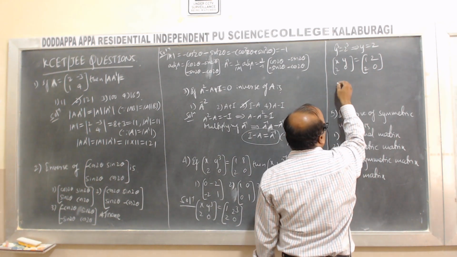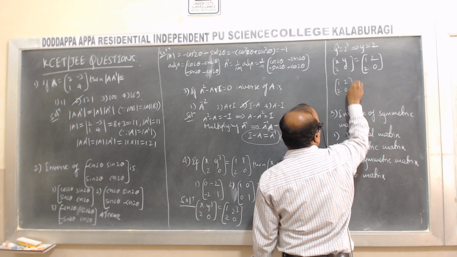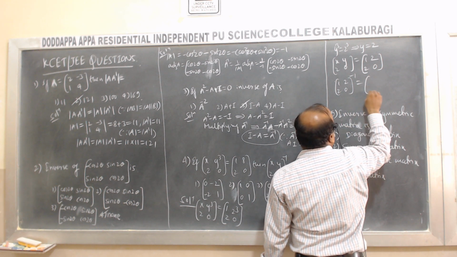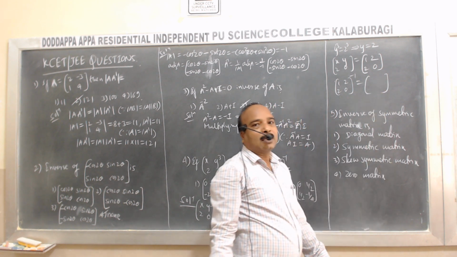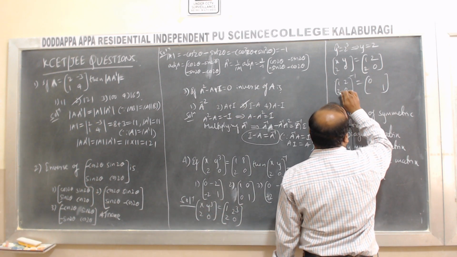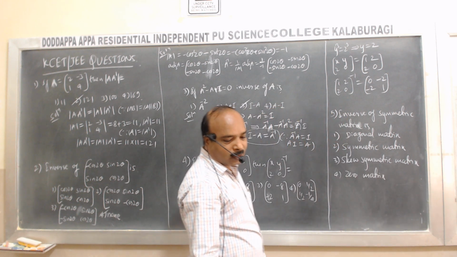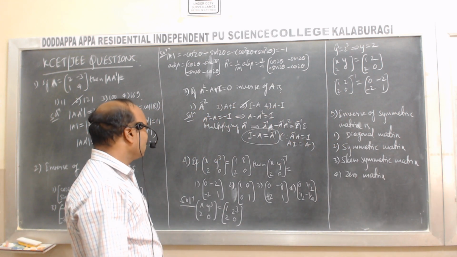Now its inverse, you want its inverse. The inverse of [1, 2; 2, 0] is given by: interchange the diagonal elements, it is 0, 1, and change the sign of these two, minus 2, minus 2. So the adjoint is [0, minus 2; minus 2, 1].